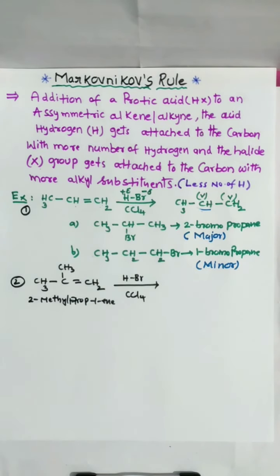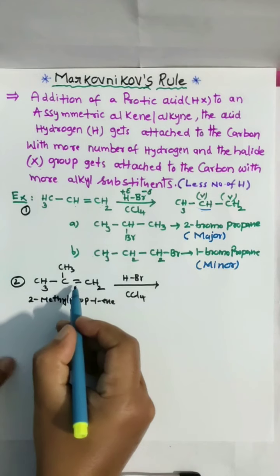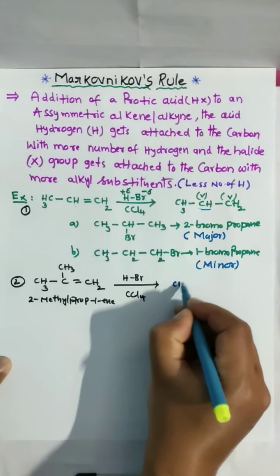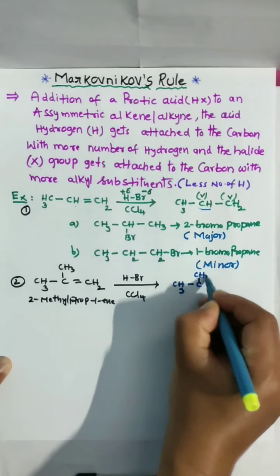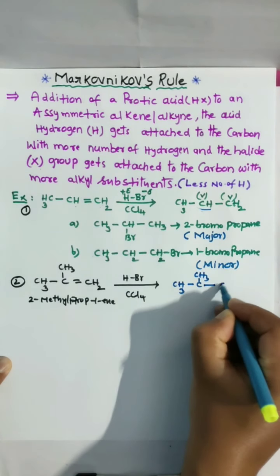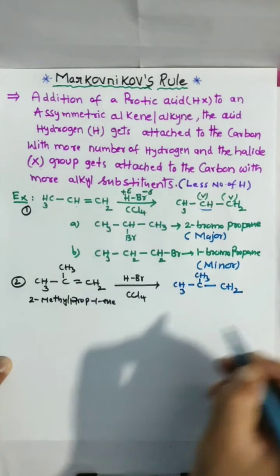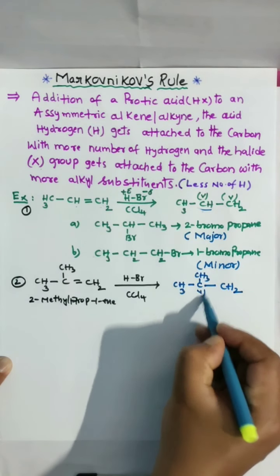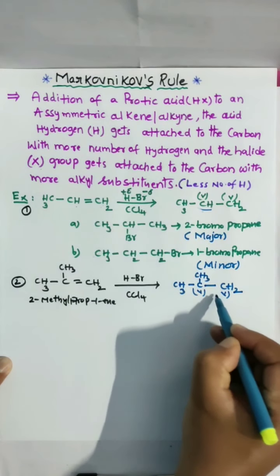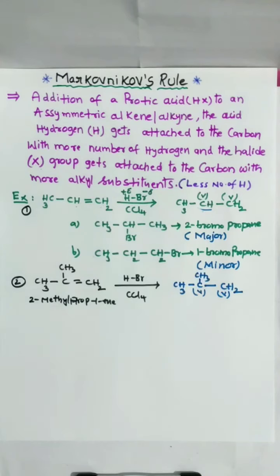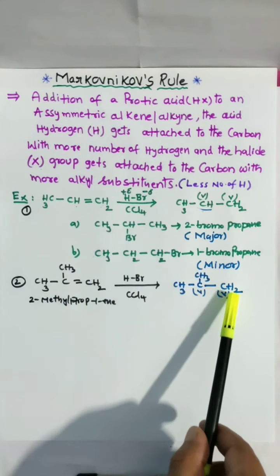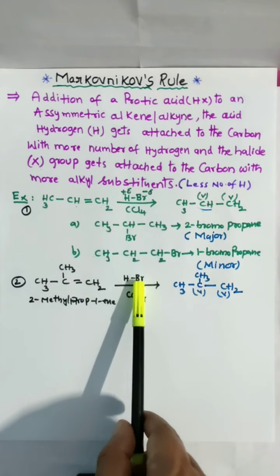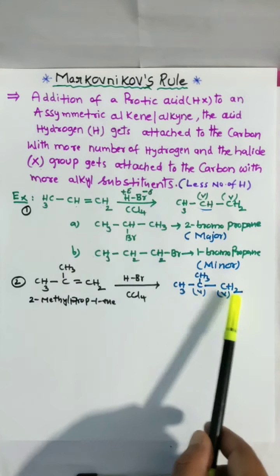Now we have the chance to break first this bond. CH3 bond C, CH3 single bond CH2. Now here one vacancy is there. Here one vacancy is there for carbon. So this hydrogen can attack here or here. This bromine can attach here or here.